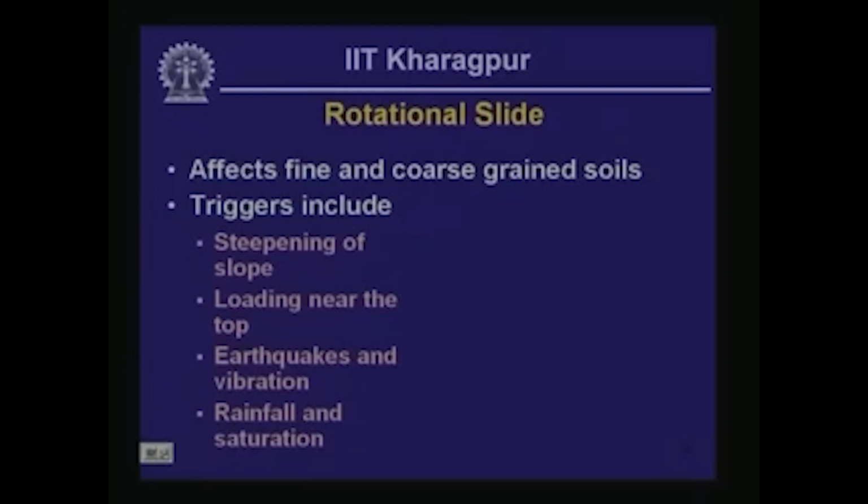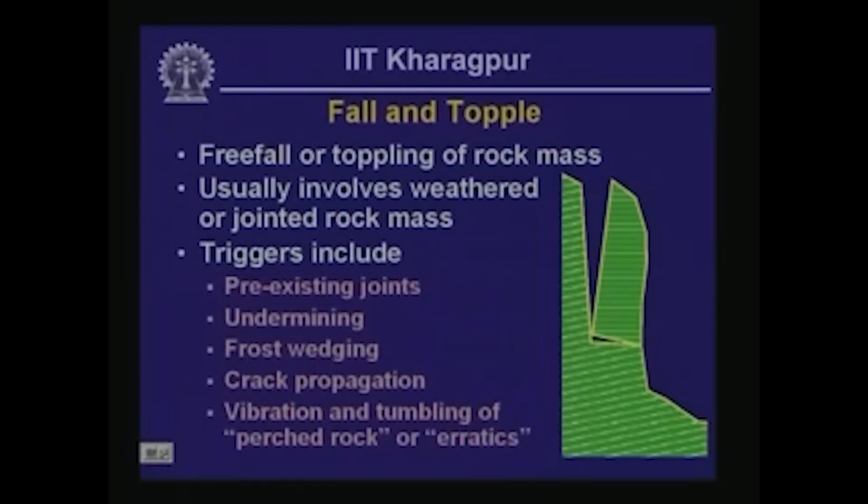We need to look at the explanation of a few other things. So frost wedging is already explained. Undermining and pre-existing joints are the processes illustrated in the previous case, where we considered the erosion-related undermining of the softer rock layer underneath the superficial, more compact, strong and weathering resistant rock, where we were illustrating rockfall.